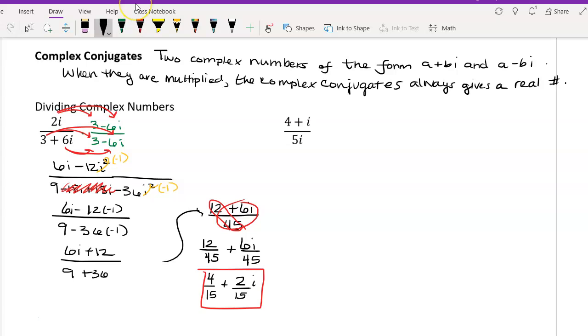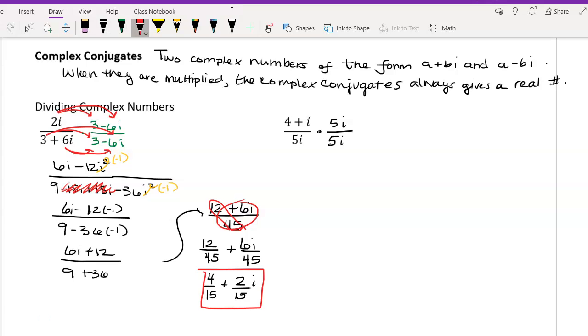All right, well, let's go over here. This time we have a 5i in the denominator. Because it's not a complex number in its own right, because it does not have the a plus bi form, we can multiply it by itself. When we multiply a monomial imaginary number by that same monomial imaginary number, it will yield a real number.